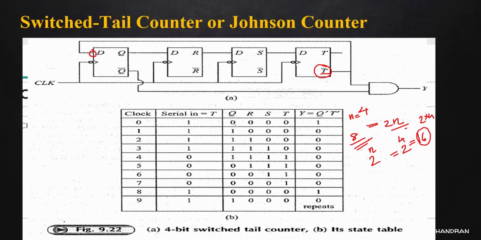So here it is initialized with all 0. Then it will generate 8 different patterns. Then after those 8 patterns, it will repeat when applying the next clock pulse. See, here it is the case of a 4-bit Johnson counter, initialized with all 0, and after applying the clock pulse, the inverted QD is 1, its complement form is fed back to the first flip-flop.